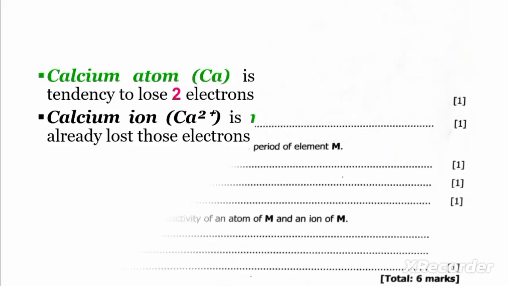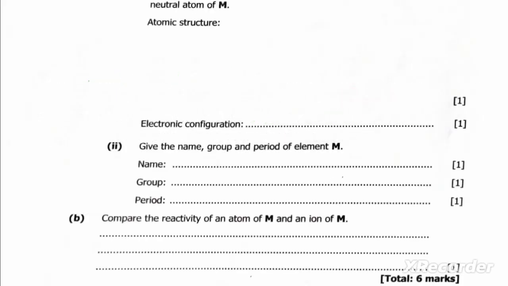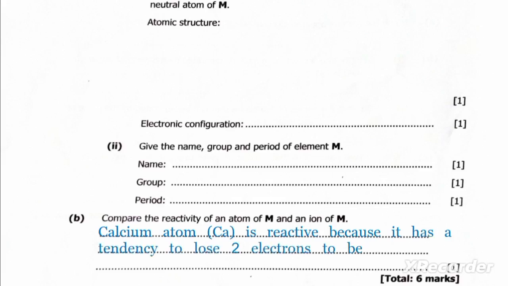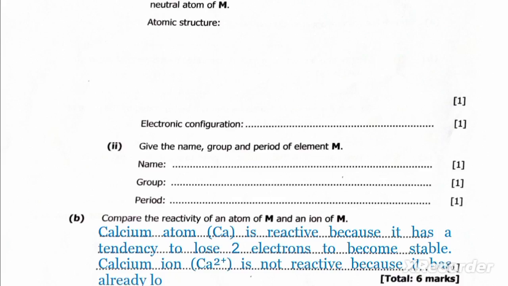So calcium atom is more reactive because it has tendency to lose 2 electrons to become stable, while calcium ion is not reactive because it has already lost those electrons and is stable.